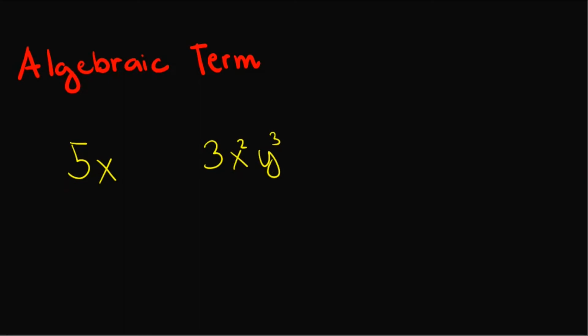Lastly, we also have ab over 4c. Now for this one, you might argue that we are using division instead of multiplication. So this does not seem a product of variables and numbers.